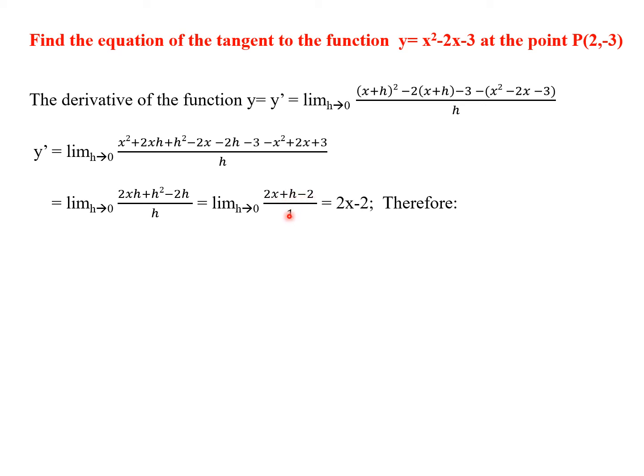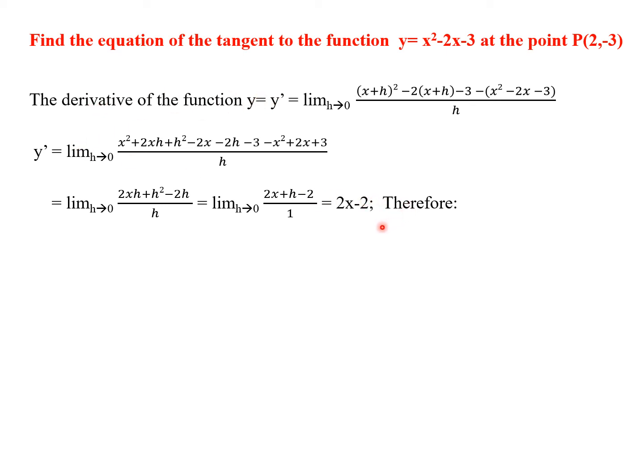We end up with the denominator equal to 1, and the numerator is 2x plus h minus 2. Now if we apply the limit, replacing h by 0, that's going to give us 2x minus 2, and that is the derivative of y, which is y prime.